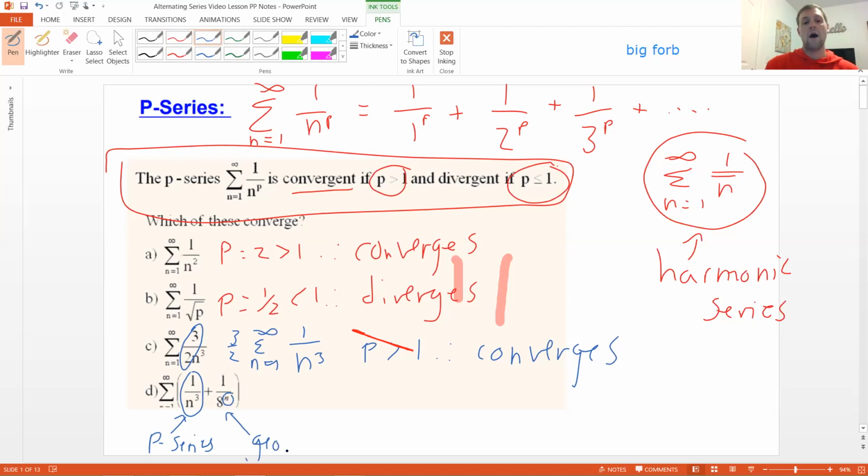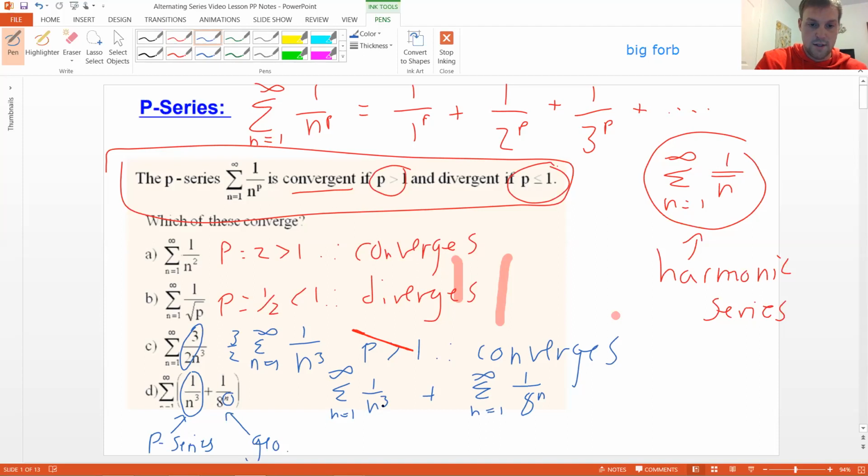We know how to discuss convergence and divergence of a p-series, and of a geometric series, so we can split that into two series. I can say the summation n equals 1 to infinity of 1 over n cubed, and the summation n equals 1 to infinity of 1 over 8 to the n. Oops, I forgot the cube right here.